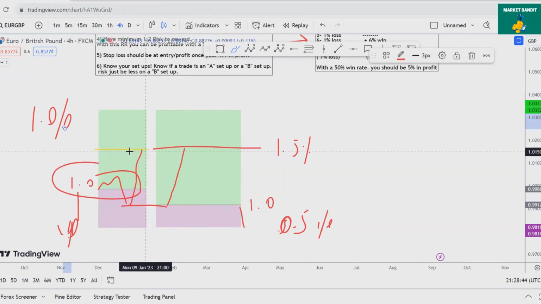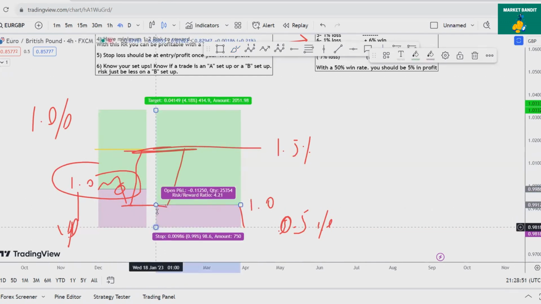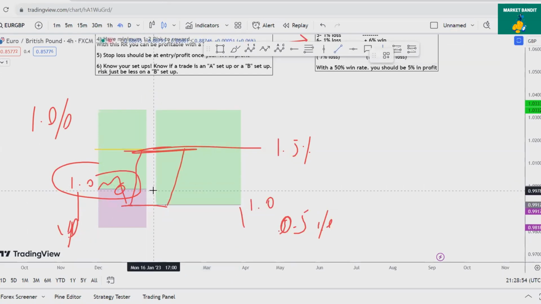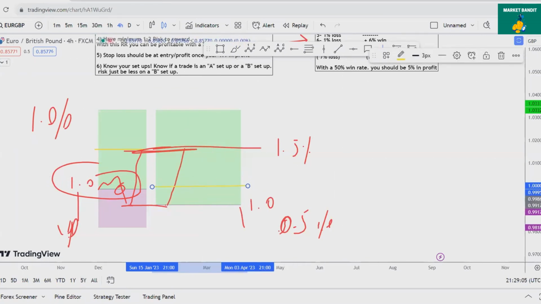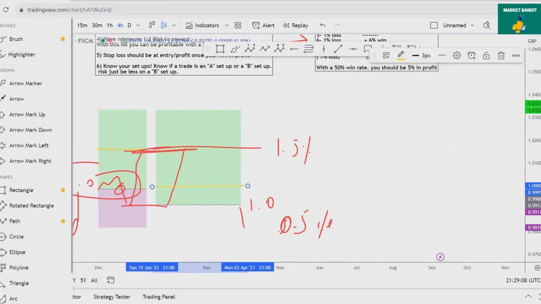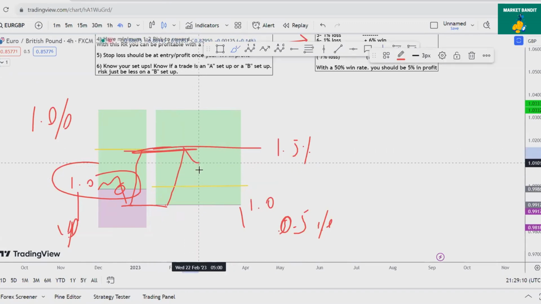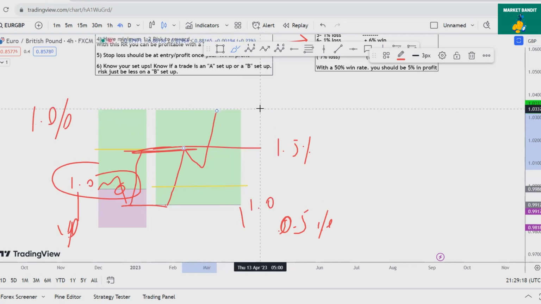Now, because this is also at the same 50% target of your original entry, instead of moving the stop loss to break even here, you can move your stop loss to the original entry up here, which is now in profit, or you could put it a little bit higher. And if this trade played out correctly, even if it had a little hiccup and then cut back up, from this second entry you took down here, you just made 2.5%.